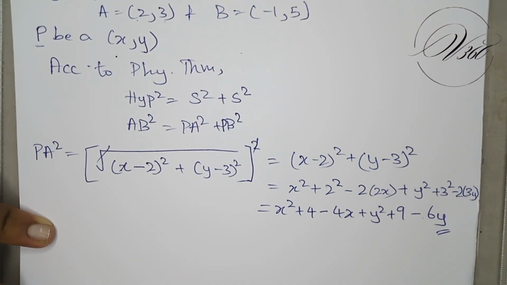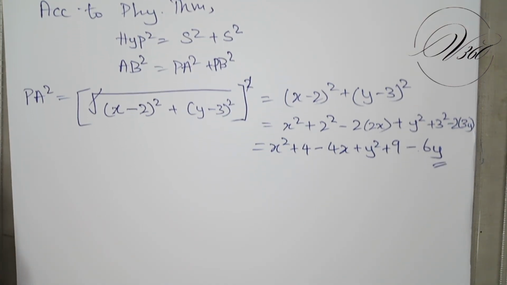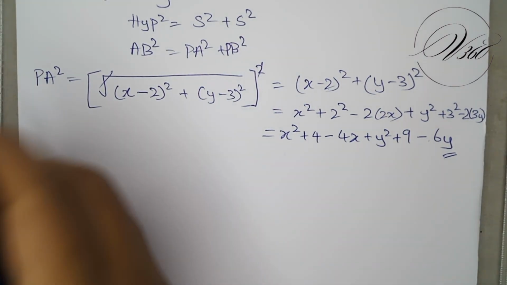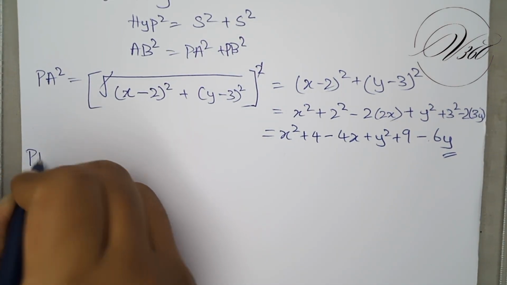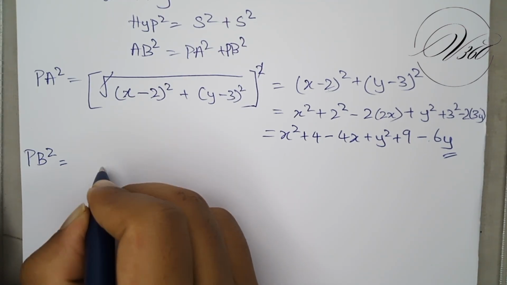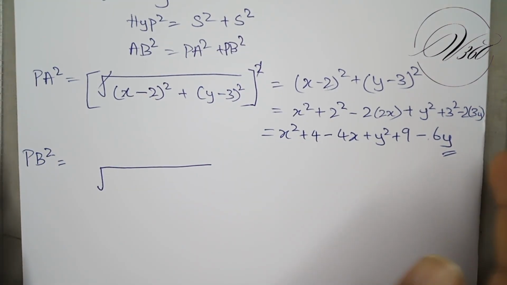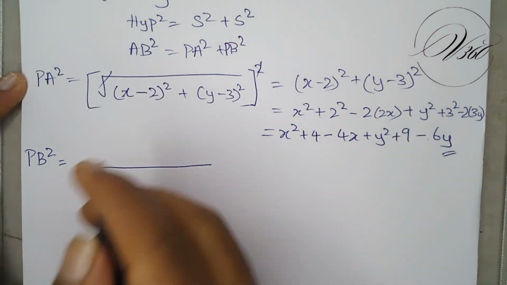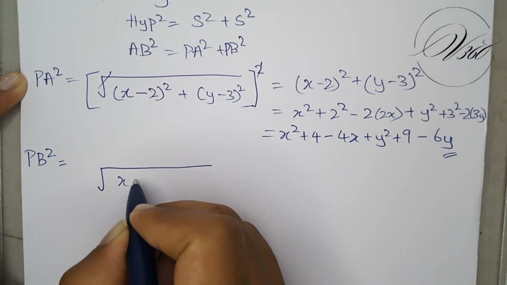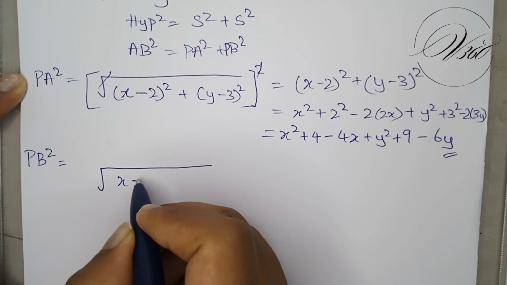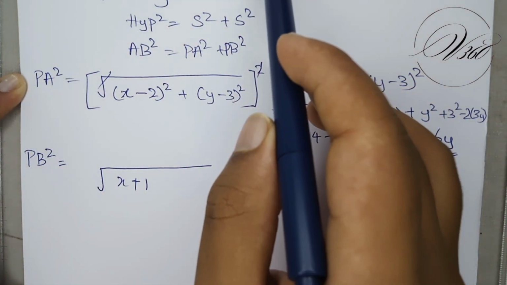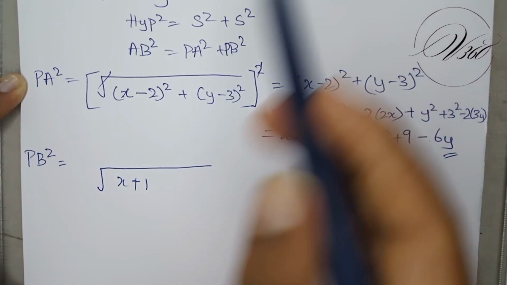Now we'll find PB. PB square is equal to under root x minus x plus 1, because B is (minus 1, 5), so x2 is minus 1, y2 is 5.